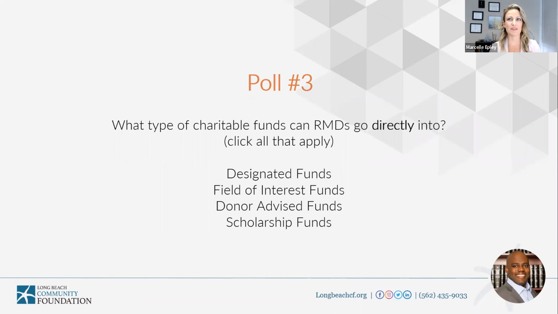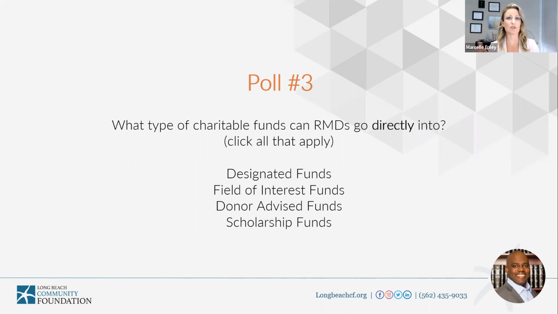Right. So you have to direct your IRA provider to send it to a 501c3. Once it hits a community foundation, we'll direct it from there, but we can't put it into a donor advised fund from there. So you could not say to your IRA provider, send it to the Jones Family Foundation Fund at the Long Beach Community Foundation, which is a donor advised fund.